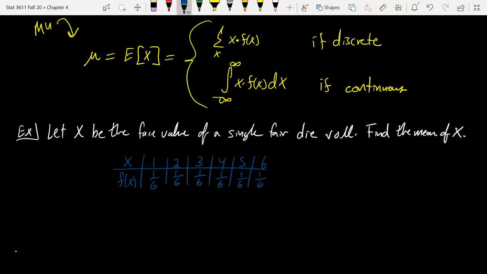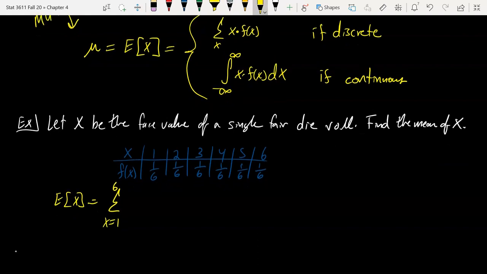Now, how do we use our definition to compute the expected value of x? We're going to sum over the 6 values, x going from 1 to 6, taking each x value and multiplying it by the likelihood that it occurs. Now, f of x is always going to be 1/6 in this case, but that's just coincidental. So I'm going to write this out still, just so we can see the pattern.